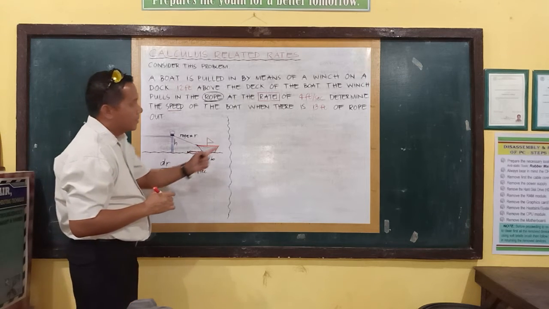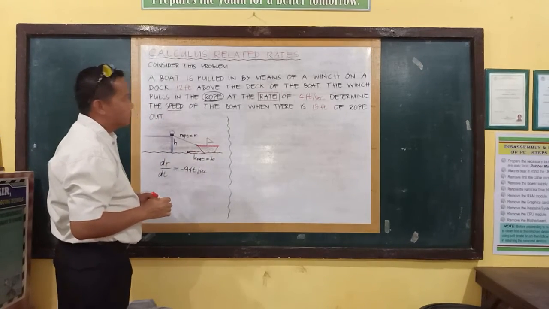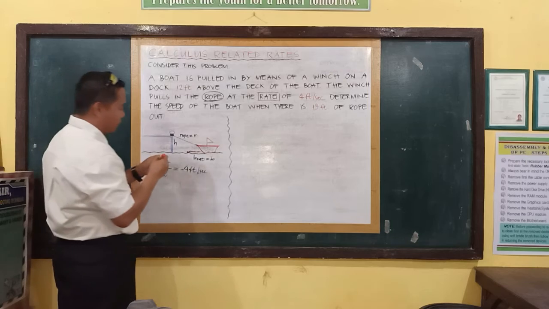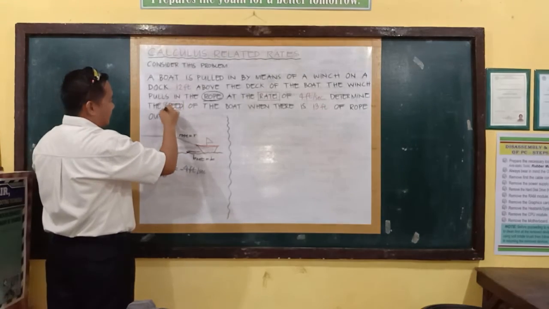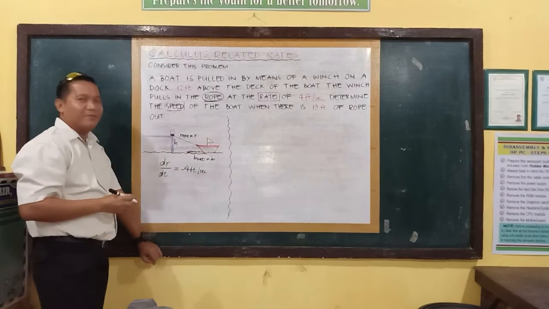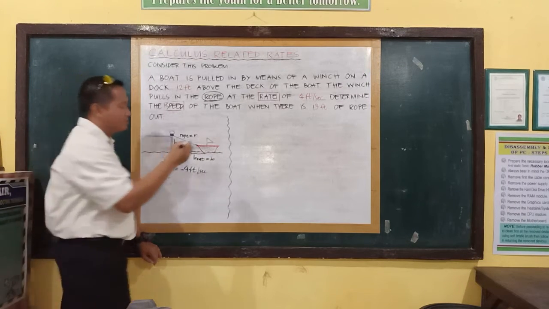And now, determine the speed of the boat. Once again, do you know the word speed? It's another derivative, right? What's speed? It's the boat.